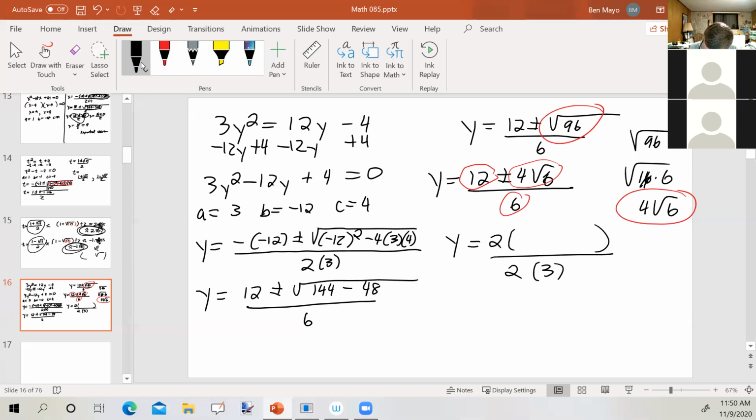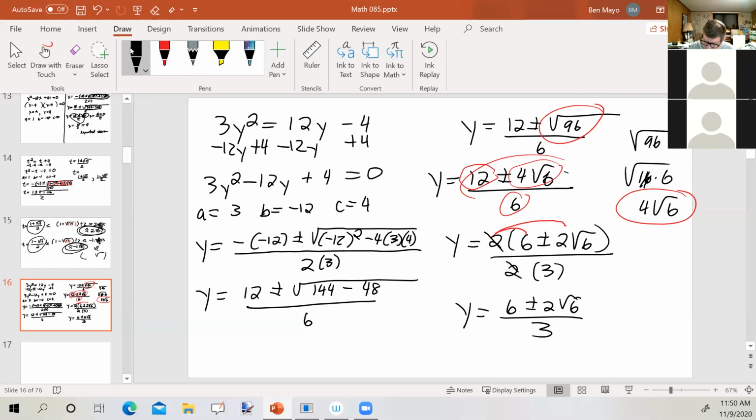Now, up on top, taking out a 2, I'd have 6 plus or minus 2 square roots of 6. And again, where do I get that? There's the 12, and there's the plus or minus 4 square roots of 6 that I started with. So now I can get rid of this, and I have y equals 6 plus or minus 2 square roots of 6 all over 3.